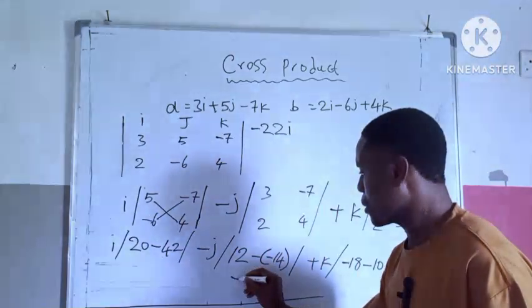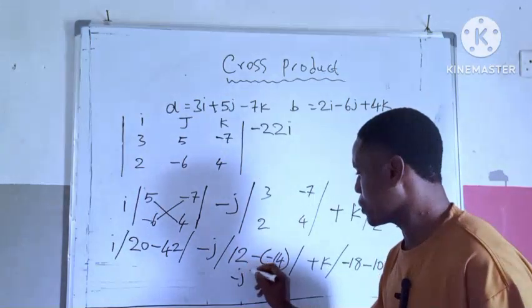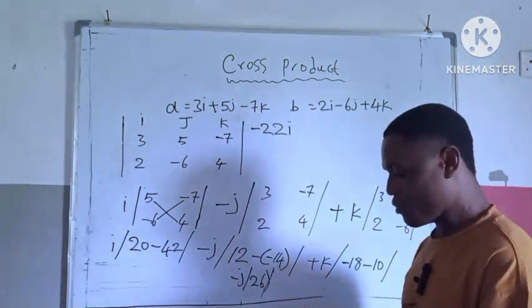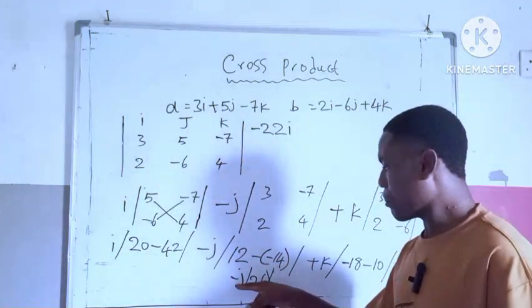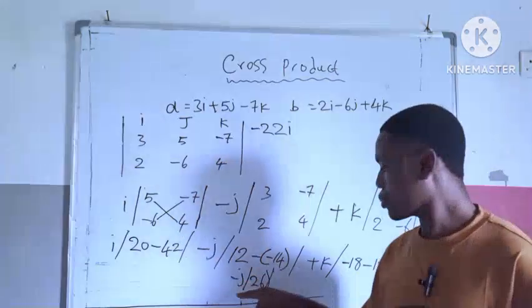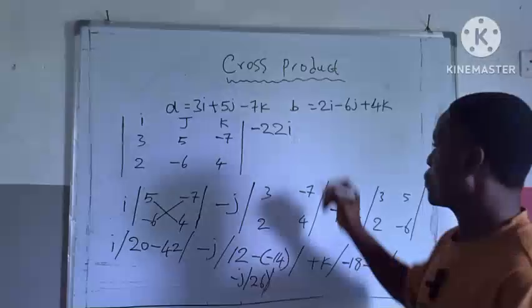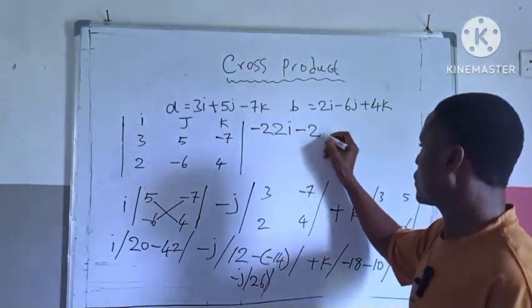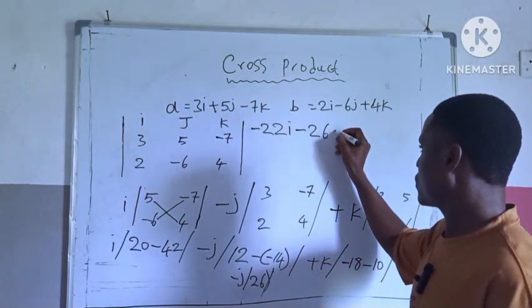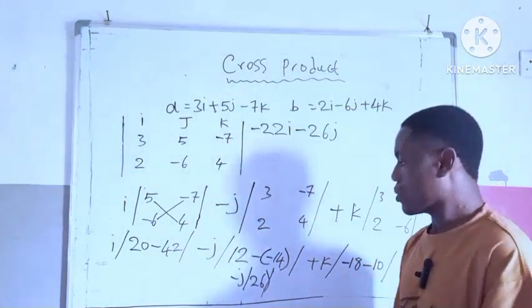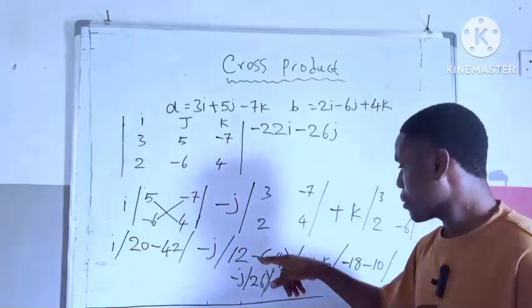So it will now be minus j times 26. So if you open this bracket, it will now be minus 26j. Are you getting it now? So we have minus 26j. Hope you are not confused here.